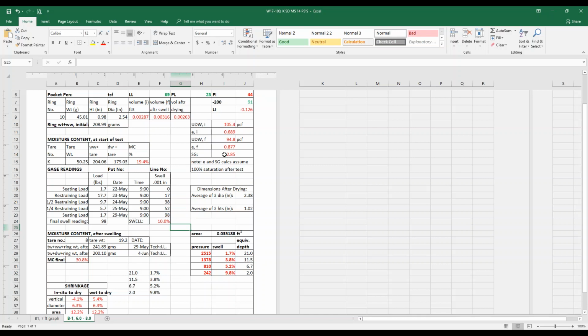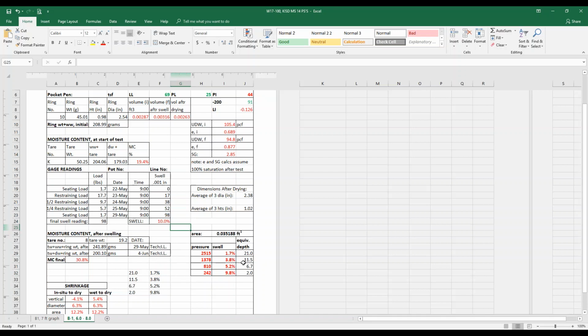This form calculates specific gravity based on assuming that saturation is 100%, and that's probably not accurate, so that specific gravity is probably not accurate either. And of course, 2.8, 2.85, that's pretty high. One would expect a value around 2.7, 2.75. But those calculations do not influence the movement potentials that have been measured.